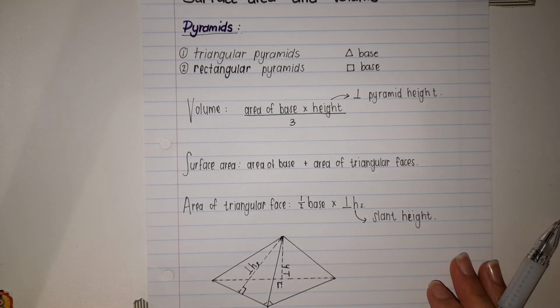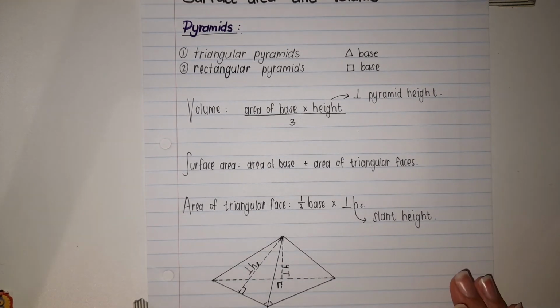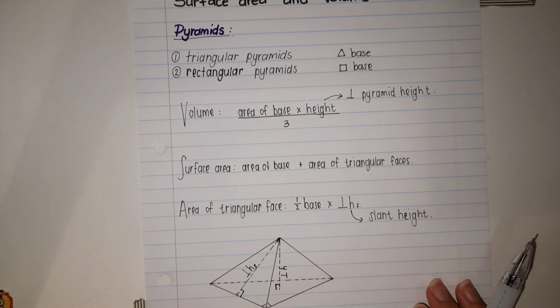And guys, please remember that you're not going to get any of this on a formula sheet. You need to remember it off by heart. And believe me, you will get it in a test. They love pyramids, they love spheres.